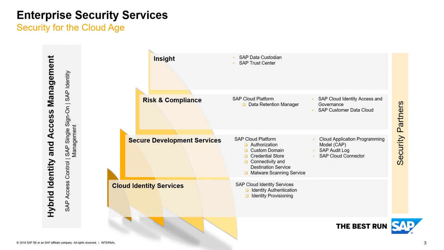In the second row, we can see the Secure Development Services, which help to make solutions comply with internal security standards. They are usually defined by the corporate security teams. Secure Development Services enable developers to design secure applications. These reusable services are required by most applications, especially business applications.